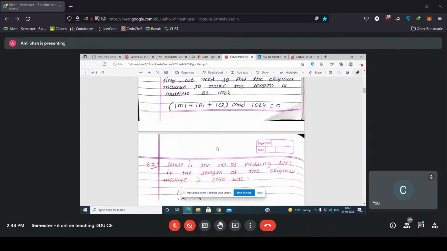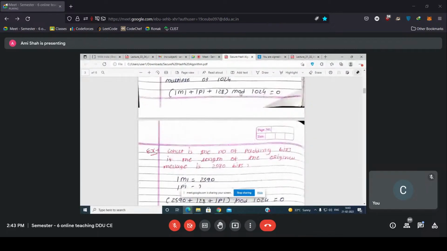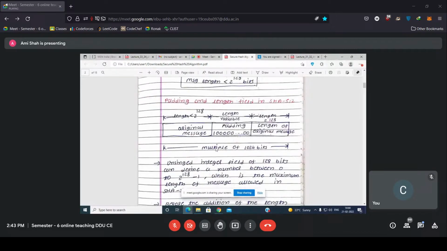If the length of the original message is 2590 bits, how many padding bits are required so that it becomes a multiple of 1024 bits? Is it clear up to this?